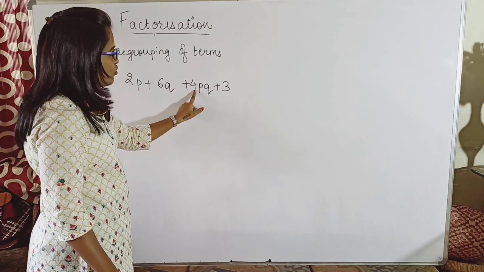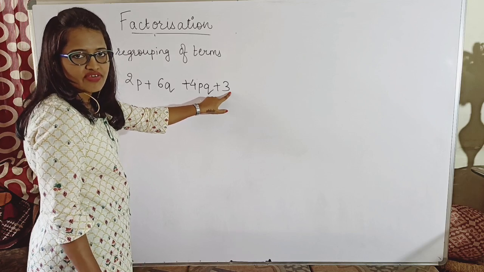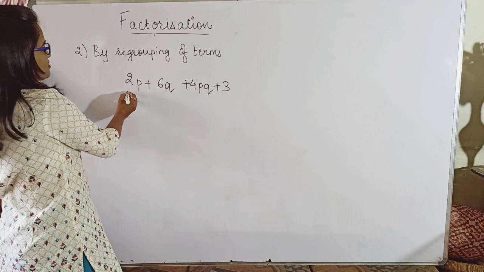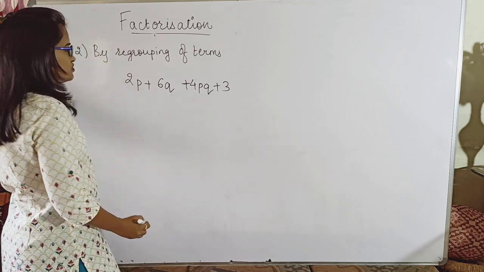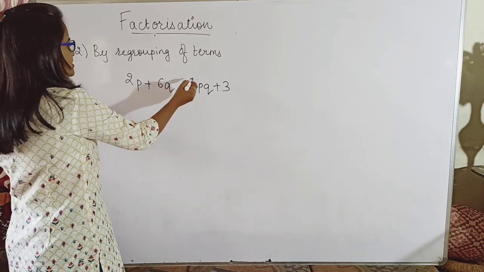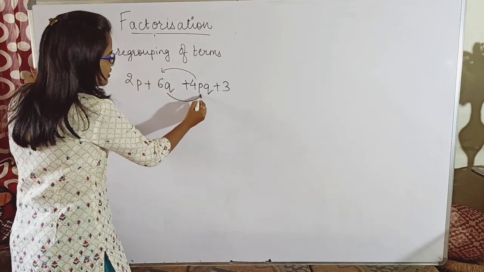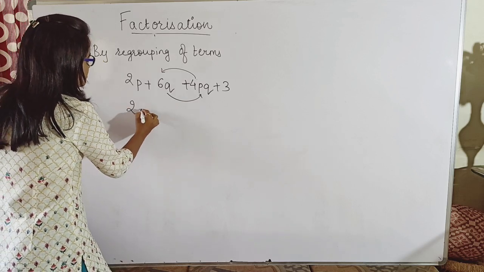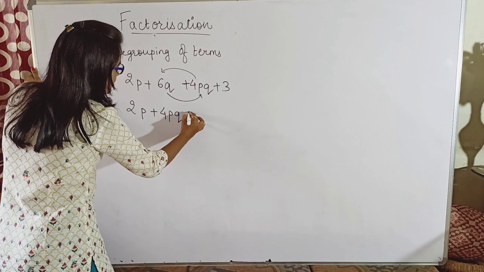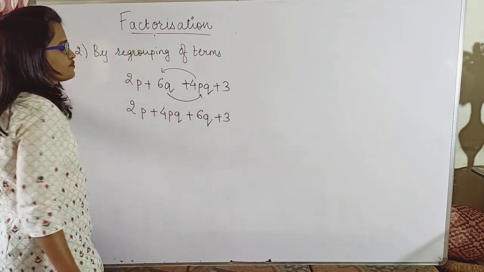No. 4 is 2 into 2 pq, and this 3 doesn't have any variable also. So instead of taking the common factors between these two and these two terms, what if I rearrange the terms? Yes, let us take 4pq at the second place and 6q at the third place. So the expression will be 2p plus 4pq plus 6q plus 3.